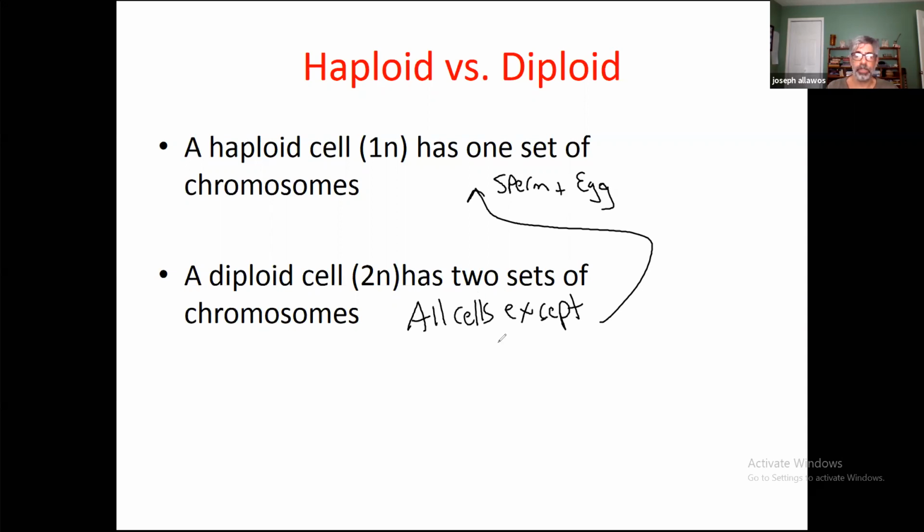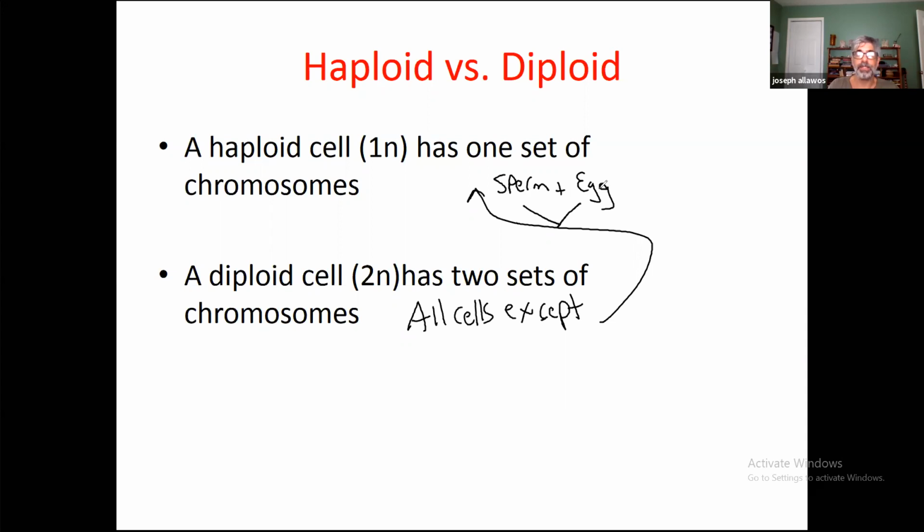So if you look at a skin cell or a liver cell or a muscle cell, they're all going to have two sets of chromosomes. Where did you get the two sets from? Well, you got one from your mother and one from your father, right? Your father's sperm had a set of chromosomes.